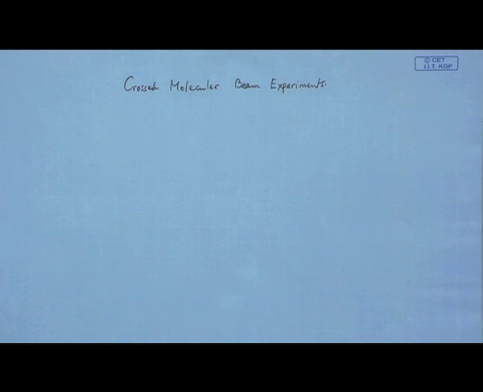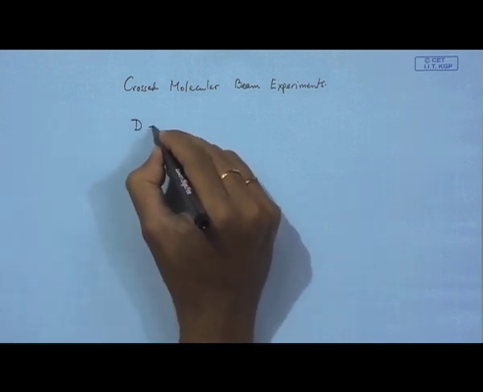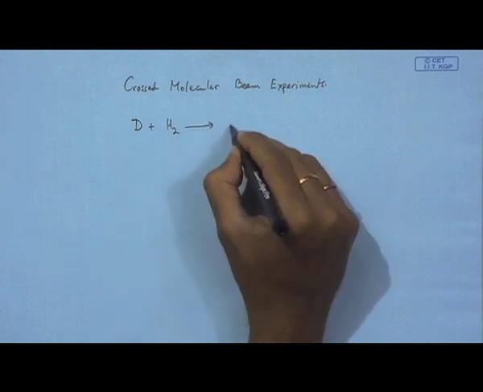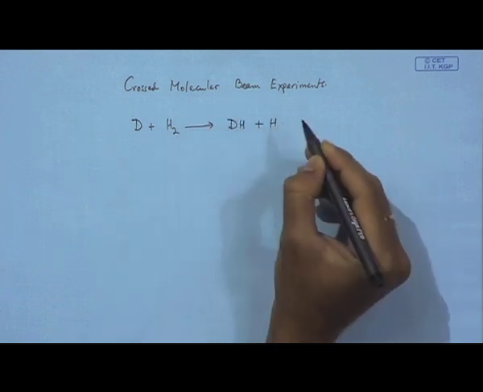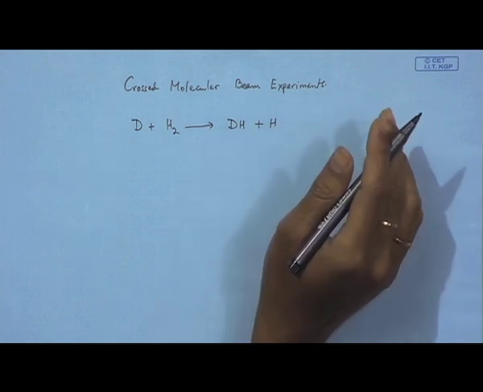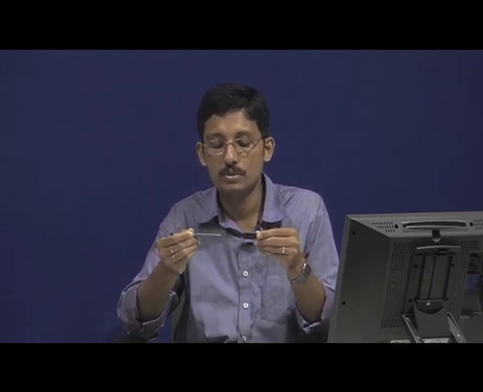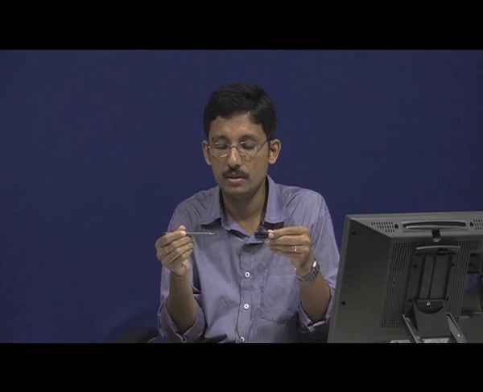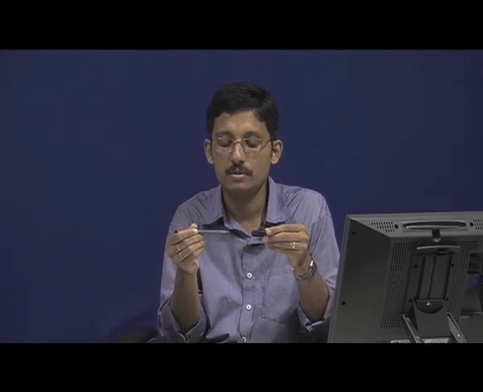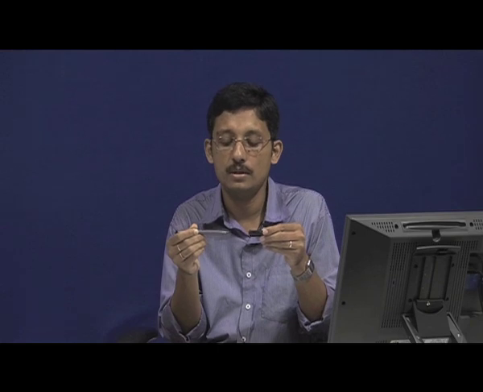As I told you, in the case of the hydrogen exchange reaction, say deuterium plus H2 giving rise to DH plus H, it is said that when these two interacting entities are close to linear, I mean the internuclear axis and the approach of D are in one line or almost linear, then the reaction will take place.